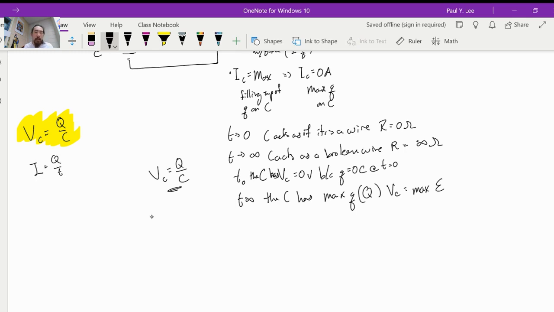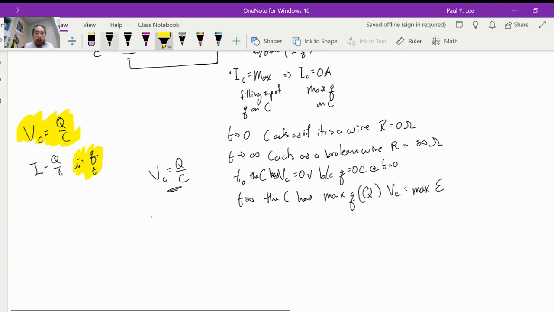But here, the current is changing because the amount of charge that is moving is changing. So I'm going to represent that as a lowercase i equal to Q over t, a fancier way of saying that it is a changing current.